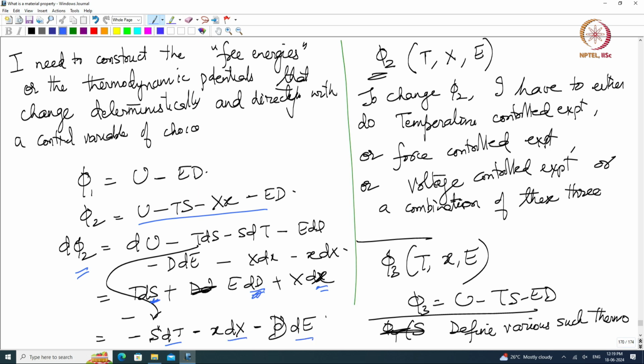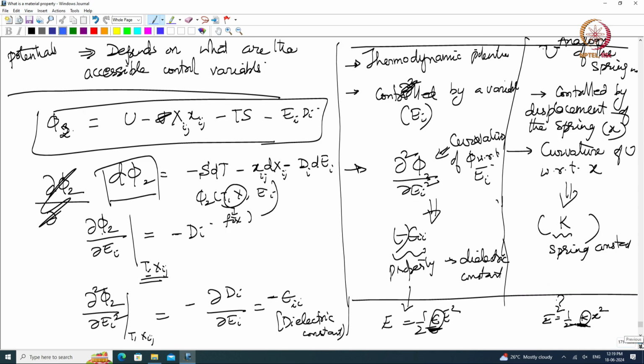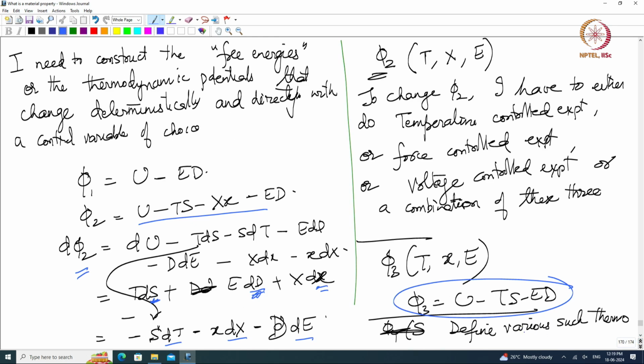Now I can also define phi 3 as follows, and if I start using phi 3, my control variables are temperature, strain, not stress, and electric field, and so on and so forth.